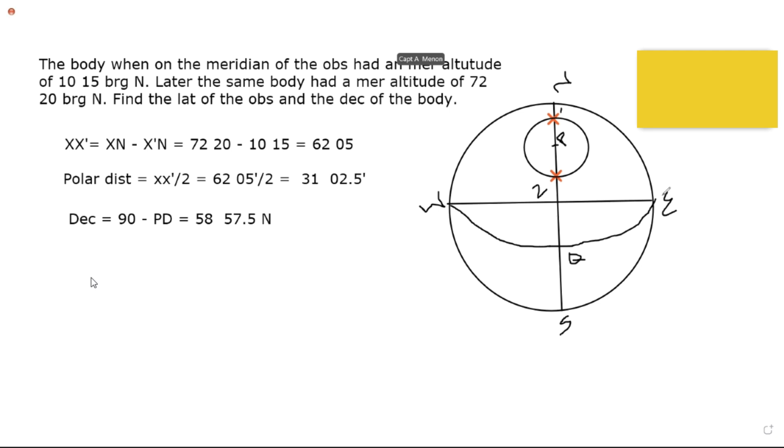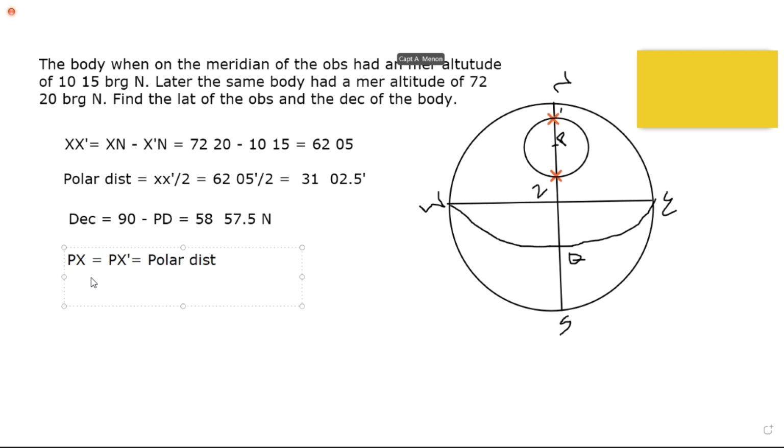In this case, it is revolving around the pole at the polar distance. So the polar distances are PX and PX dash. PX is equal to PX dash, which is equal to the polar distance.